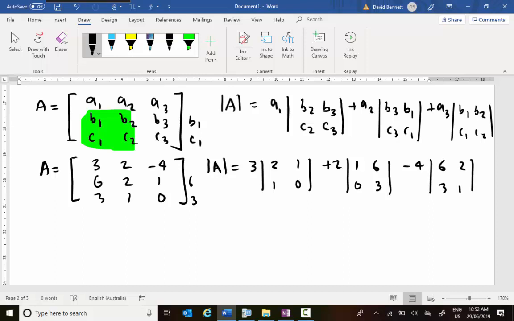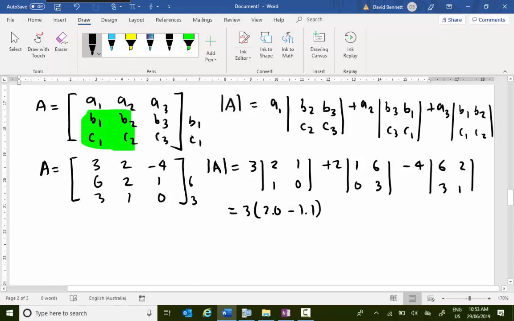So it's just doing really what we did with the 2 by 2, but 3 times. So it's going to be 3 lots of 2 times 0 take 1 times 1, plus 2 lots of 1 times 3 take 6 times 0, and then -4 lots of 6 times 1 take 3 times 2.